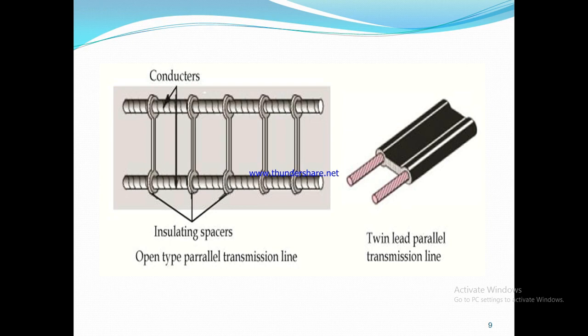Its only function is to reduce the noise and interference. Another type of parallel line is the 2-wire ribbon line. This type of transmission line is used to connect the television receiving antenna to a home television set.